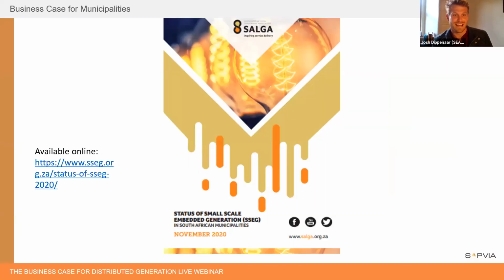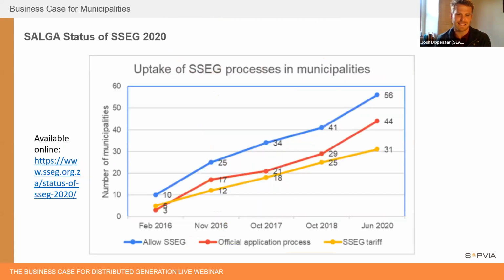So there's another resource, the SSEG report, that documents how many municipalities have processes and tariffs in place. So that's the full report. And I'm going to show the summary graph on the next slide, which is the highlights. And this shows the number of municipalities that have SSEG processes.